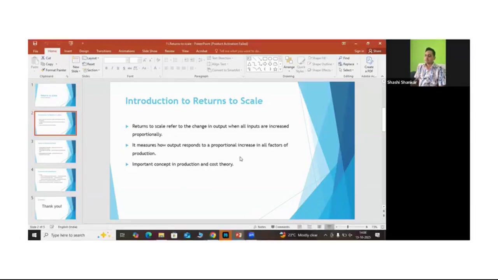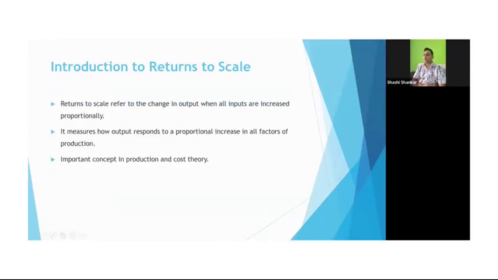Returns to scale refers to the change in output when all inputs are increased proportionally. That means the increase in inputs is proportional.